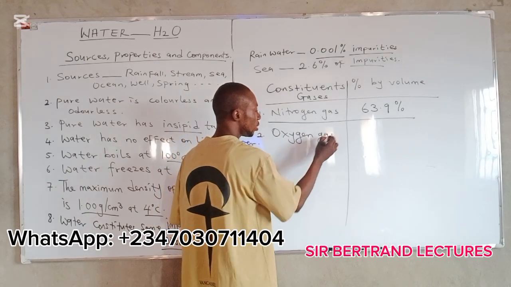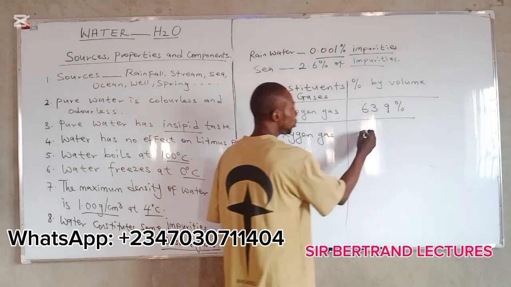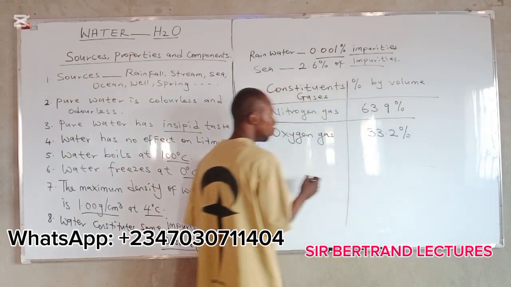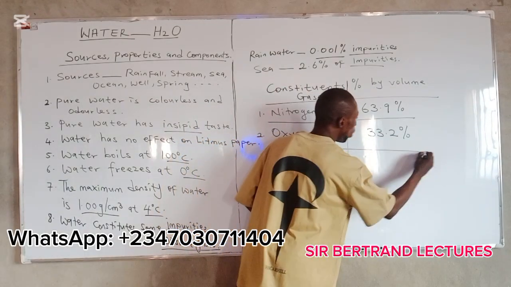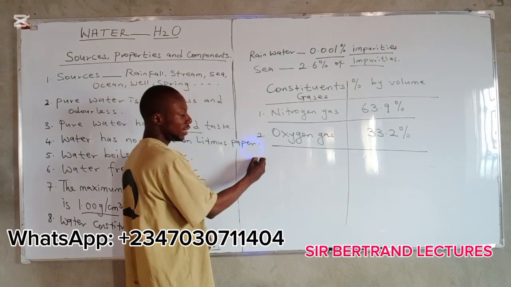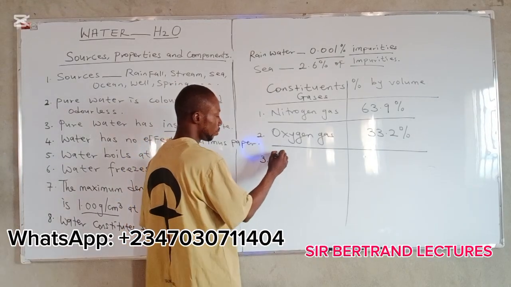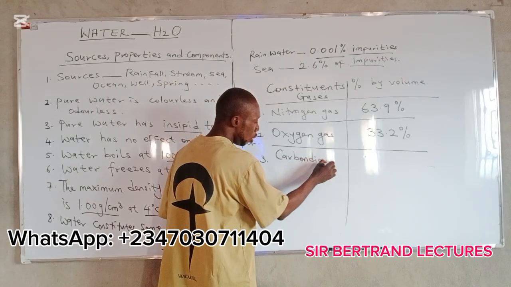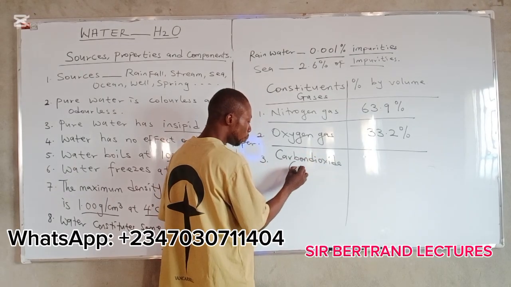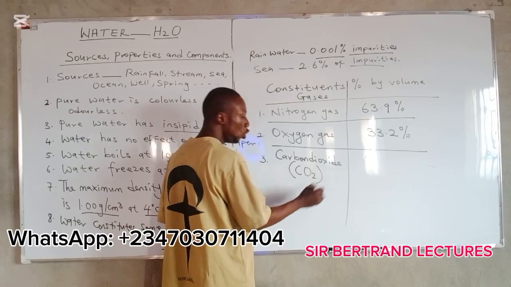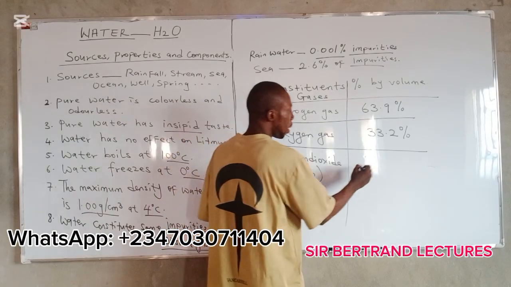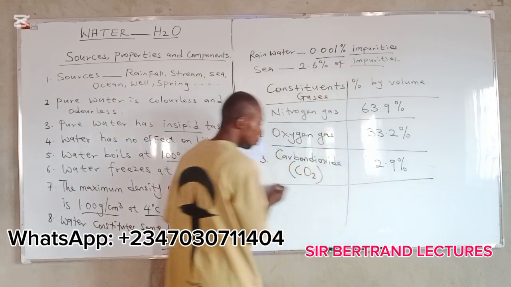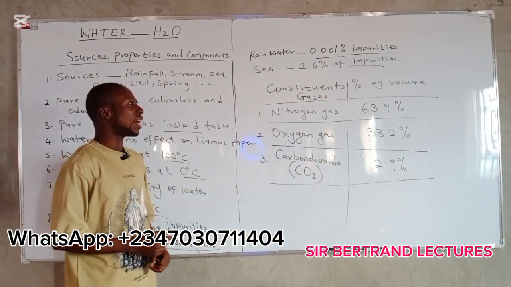Number two, oxygen gas constitutes about 33.2% by volume in water. Then number three is carbon dioxide, which is popularly known as CO2, and constitutes about 2.9% by volume in water.